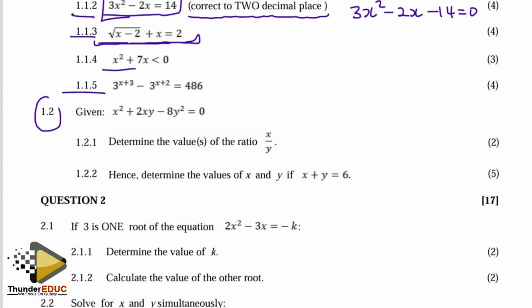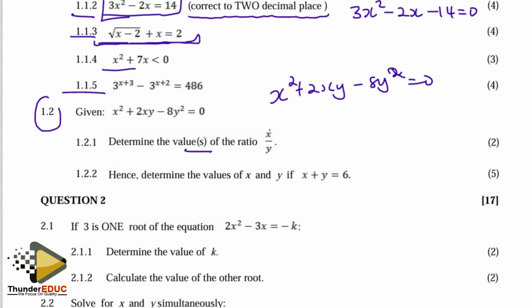Then 1.2, which is the simultaneous equation. They're telling us if we have x squared plus 2xy minus 8y squared is equal to 0, can we determine the values of x over y? Okay. So we can see that this is a quadratic.